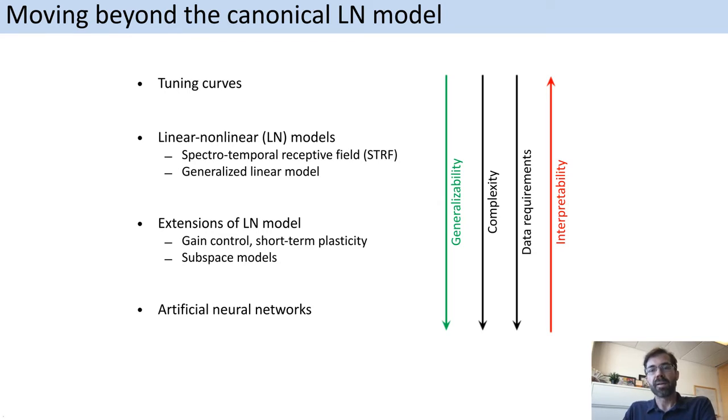And these deep networks, or the general class of artificial neural networks, lie at the extreme case, where they have the most generalizability, but also are the most complex. With this complexity comes a challenge of interpretation. This is particularly important for understanding the computations that are taking place, because these models are very large and complex. It's difficult to tell exactly what information they're representing in the neural computations.